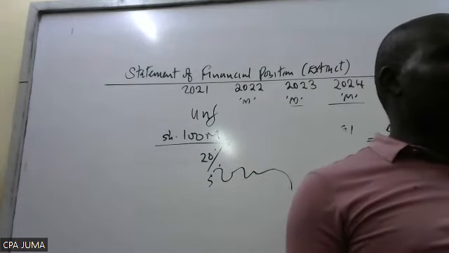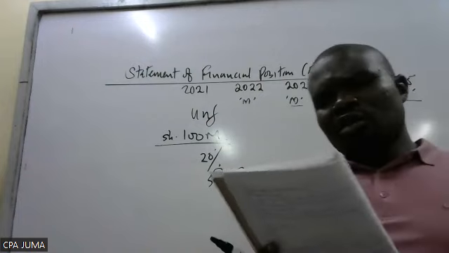Now, somebody with profit before tax of 50, where do they want grant?